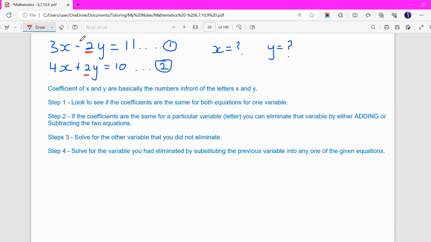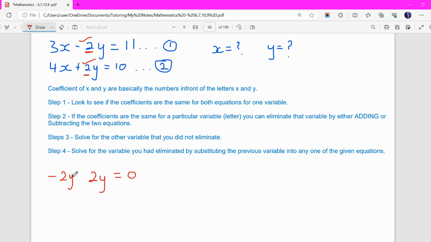In equation 1 it is negative. In equation 2 it is positive 2. So let's write that down. It's negative 2y from equation 1 and positive 2y from equation 2. We need to either add or subtract these two to get 0 because we want to eliminate this, right? If we say negative 2y minus 2y, we will get negative 4y.